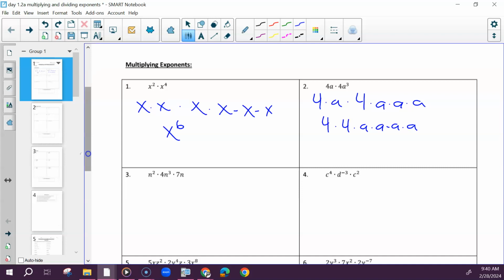And I can say that I have 2 4's and 4 a's. And 4 squared is 16. So I'm trying to figure out how I could look at this, think of some rule, and get this without doing this part. See?